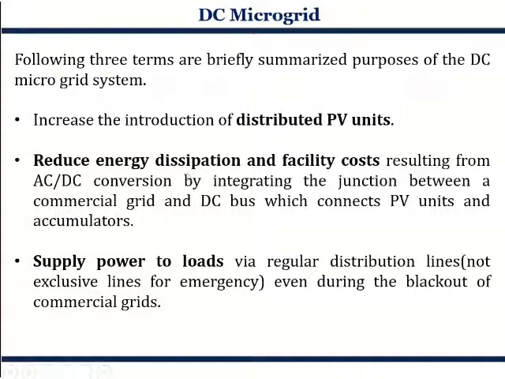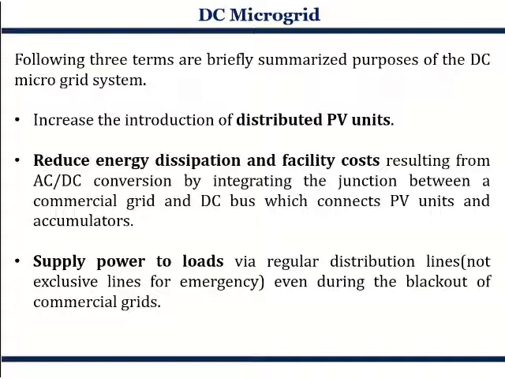We can summarize briefly what the purpose of a DC microgrid is. Basically, we need to increase the introduction of distributed PV cells, and encourage people to move more and more towards renewable energy sources. That's why we should move towards the DC microgrid.